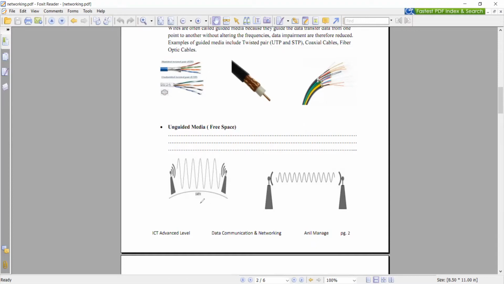Right? So you get radio transmissions, satellite to transmit data through the satellite. You have to have the direction, a straight line should be there. They are transmitting data that way.